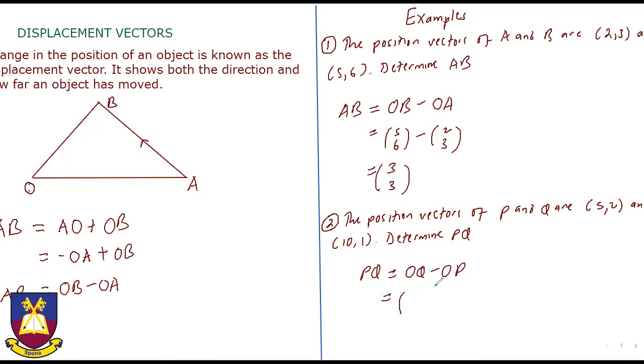And OQ is, from the question, (10, 1), minus OP, which is (5, 2). And this gives us, you subtract corresponding elements, 10 minus 5, which is 5, 1 minus 2, which is negative 1. So this is the displacement vector PQ.